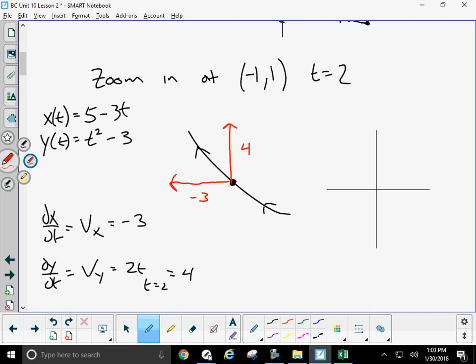Well, if we look at both of them together, this v sub x at 2 and this v sub y at 2, we can see a third vector, this velocity at a specific time vector. I'm going to say v sub t. And we can see the direction that we are traveling in. And this also has a length. This length is telling us how quickly we are moving in this direction.